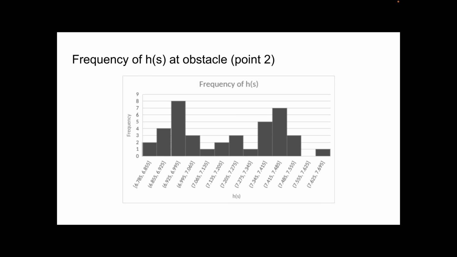Right at the horizon, point 2, the waves become nonlinear and don't behave like we expected. The height versus time plot becomes more jagged and irregular. The data spreads out over a much larger range of heights, and the frequency is far more random. This means that the surface is being pushed much higher than the lower downstream areas and the upstream areas.